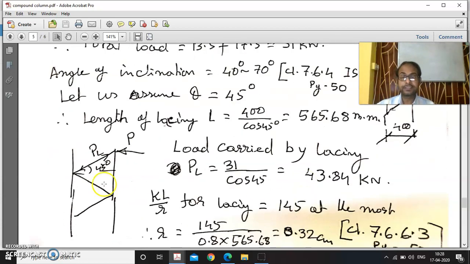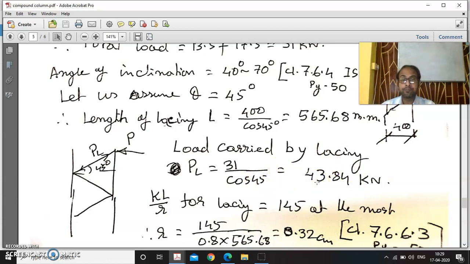Now if you see the total force, that is 31 kilonewton, acting horizontally, it will increase in the inclined member because PL cos theta is equal to P. So how much should be PL? PL is equal to 31 by cos 45, that is 43.84.